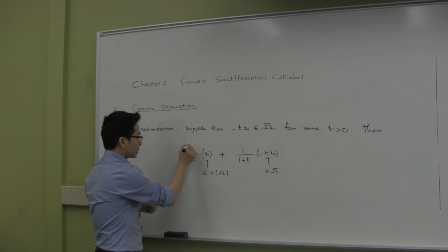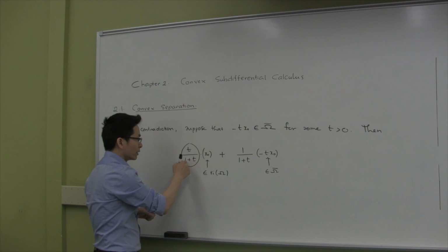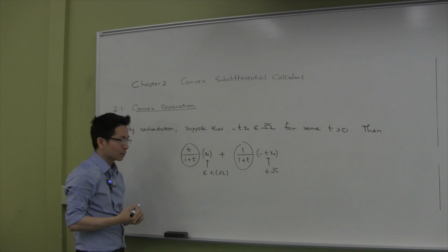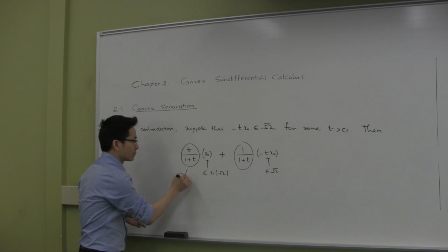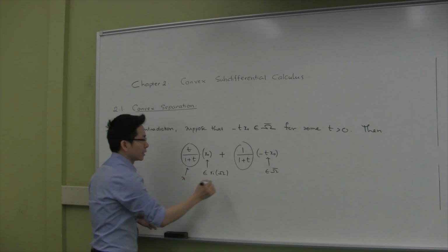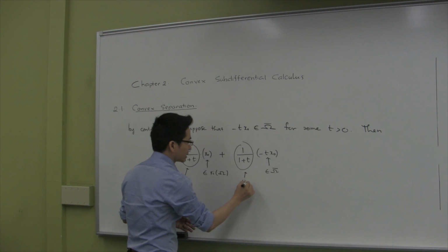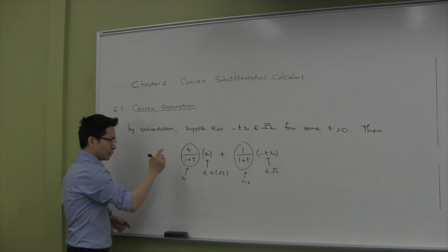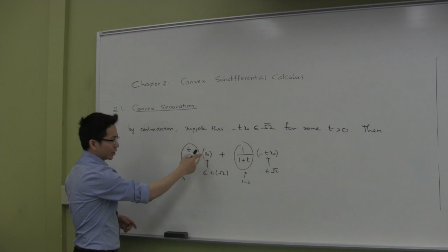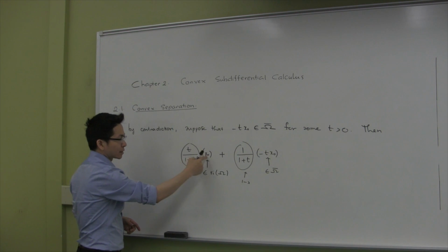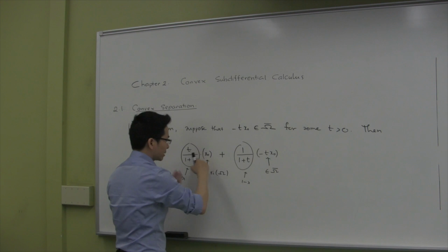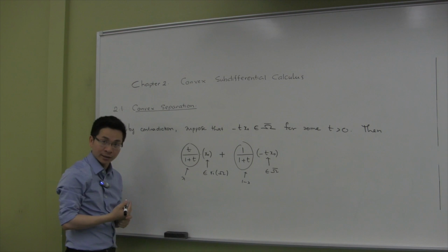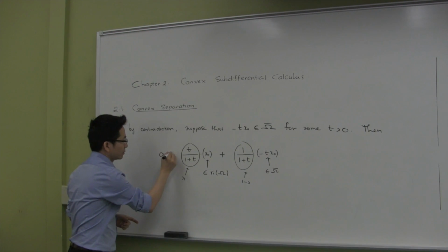The sum of t over 1 plus t and 1 over 1 plus t is equal to 1. If we denote this one by lambda, then this one will be 1 minus lambda. And this sum is obviously 0, because the top is t x0 and minus t x0, and the denominator is 1 plus t. So this sum is equal to 0.